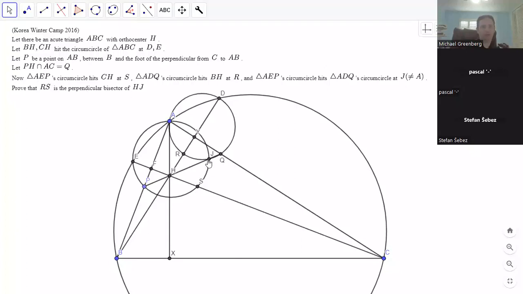So first of all, can we show that these circles intersect on PQ? So this is a kite. Basically, we have two kites, right?